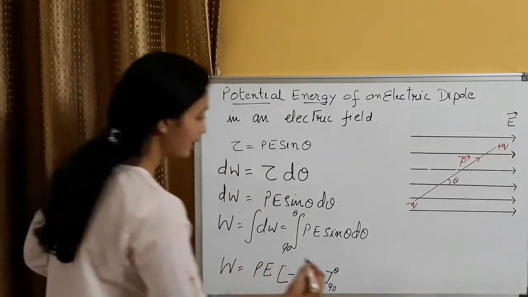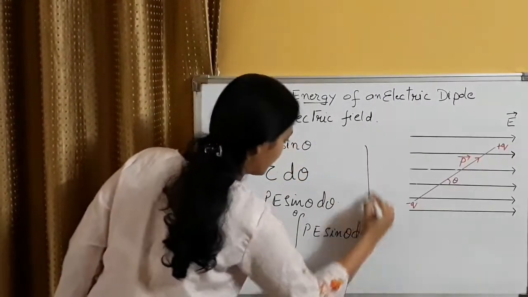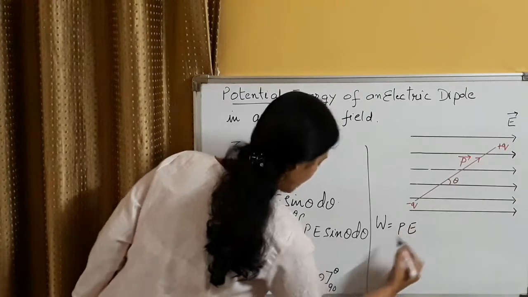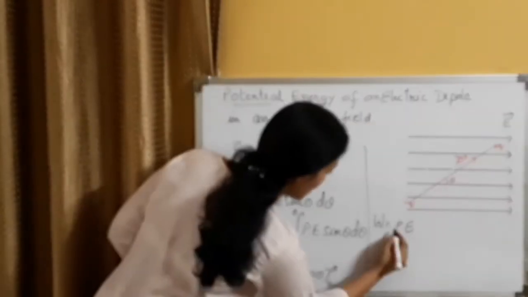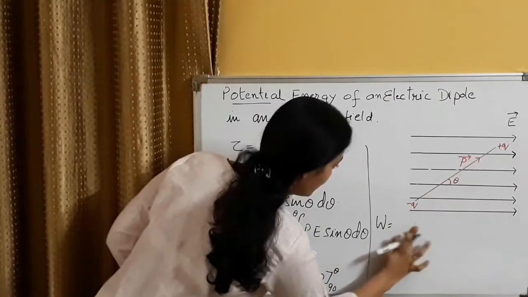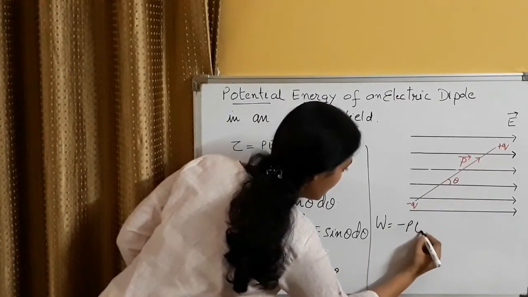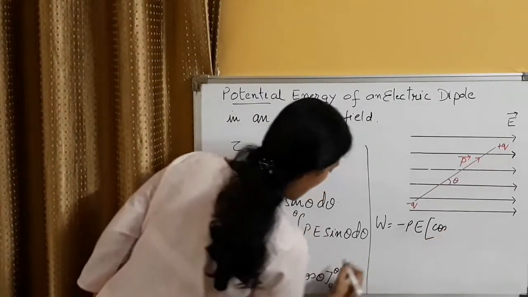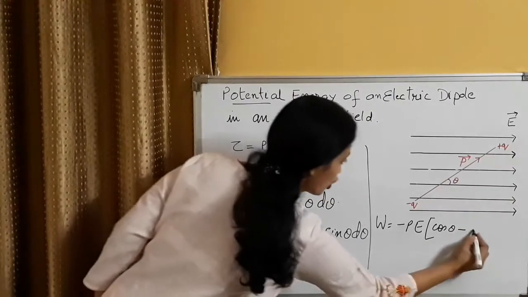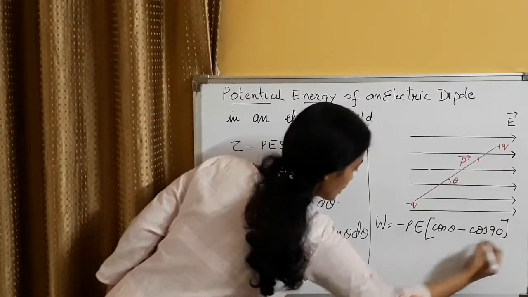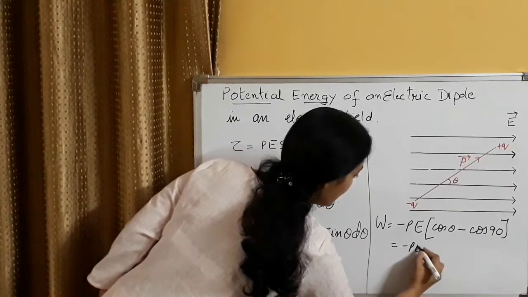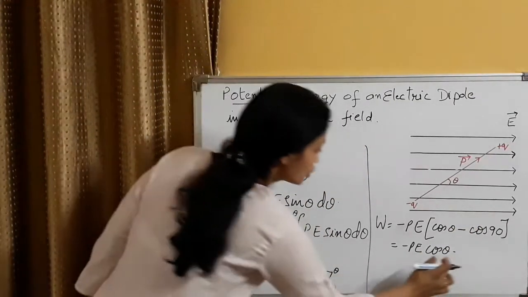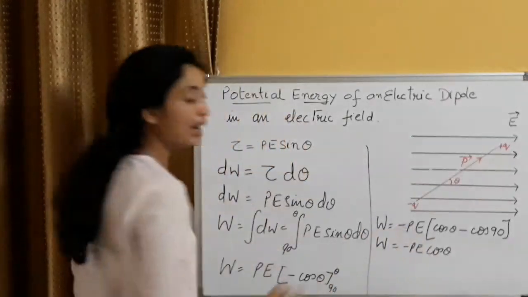Substituting the limits, work done is minus PE times cos theta minus cos 90. Cos 90 is 0, so I am getting work done as minus PE cos theta.